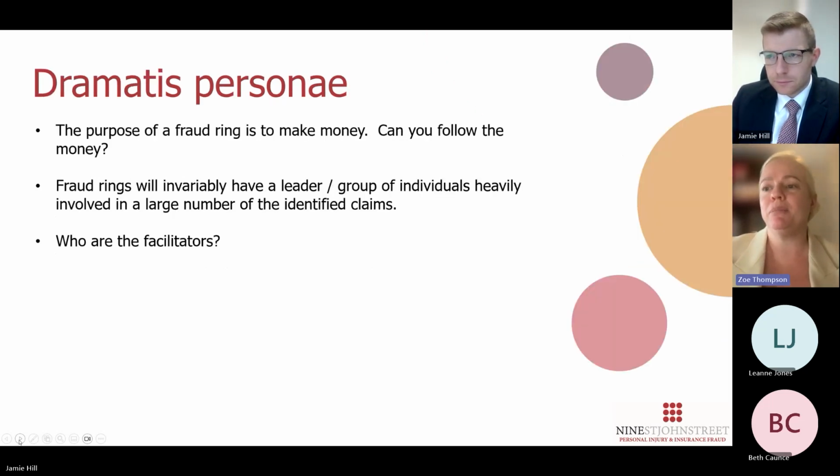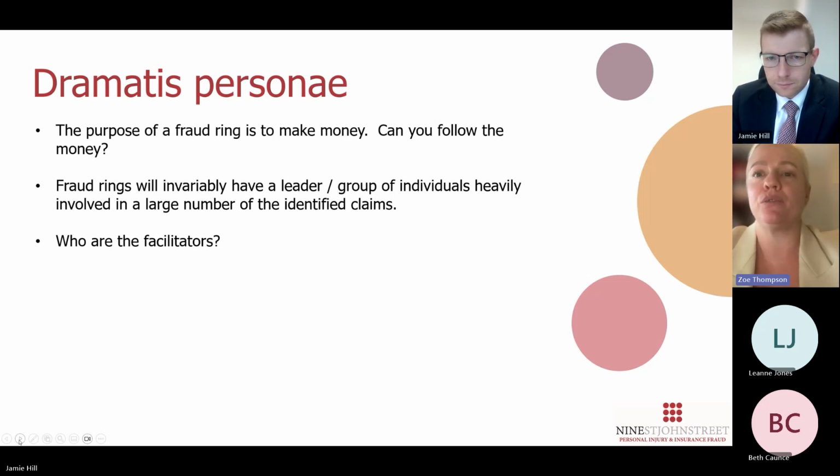Next slide, please, Jamie. Your dramatis personae, or some people refer to it as your key protagonist. So the purpose of a fraud ring is always to make money. And so when you're looking at who your key protagonists are, you want to look at who benefits from the fraud. And you normally have a leader or a group of leaders, and you have facilitators.